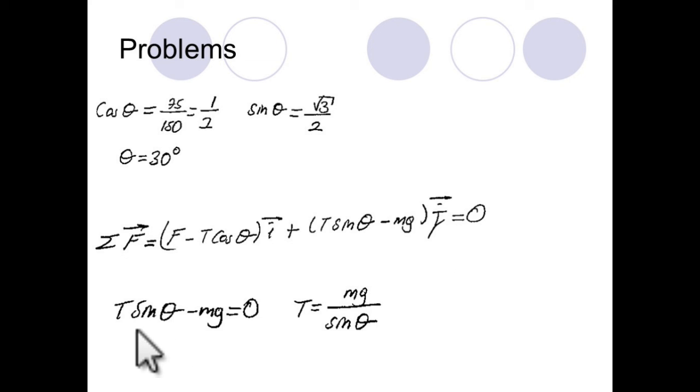Therefore, from the y direction, I have T sine theta minus mg equal to 0. So this is this equation. Okay. From here, I know the mass of the object, I know the gravitational acceleration g, I know the angle, so I know sine theta, so I can calculate the tension in the rod.